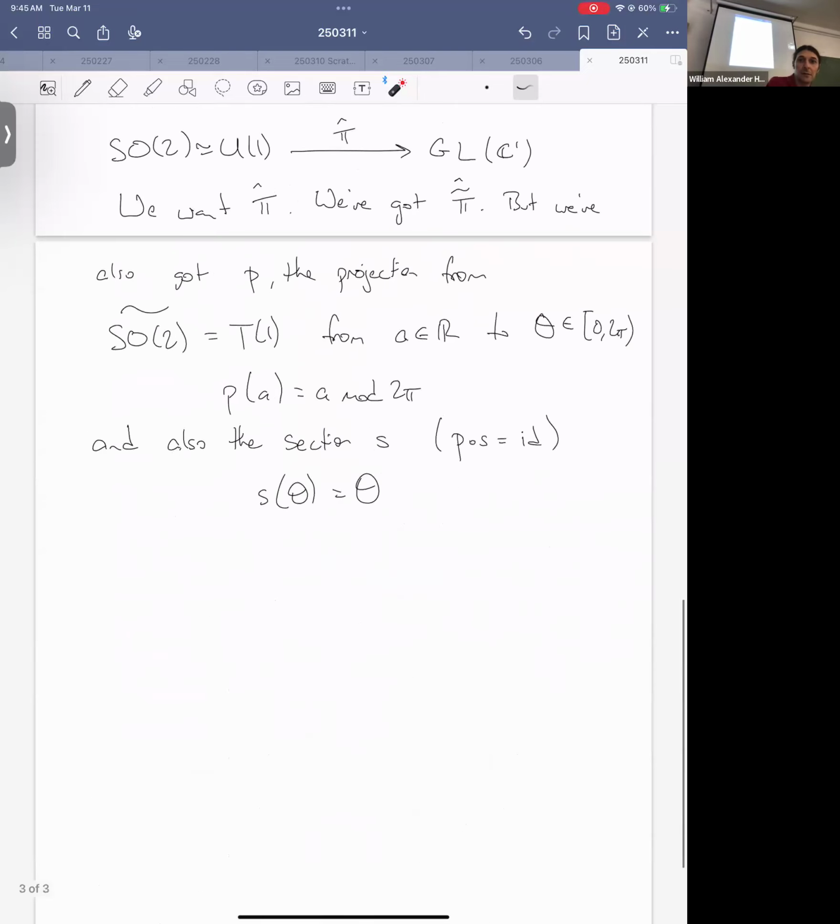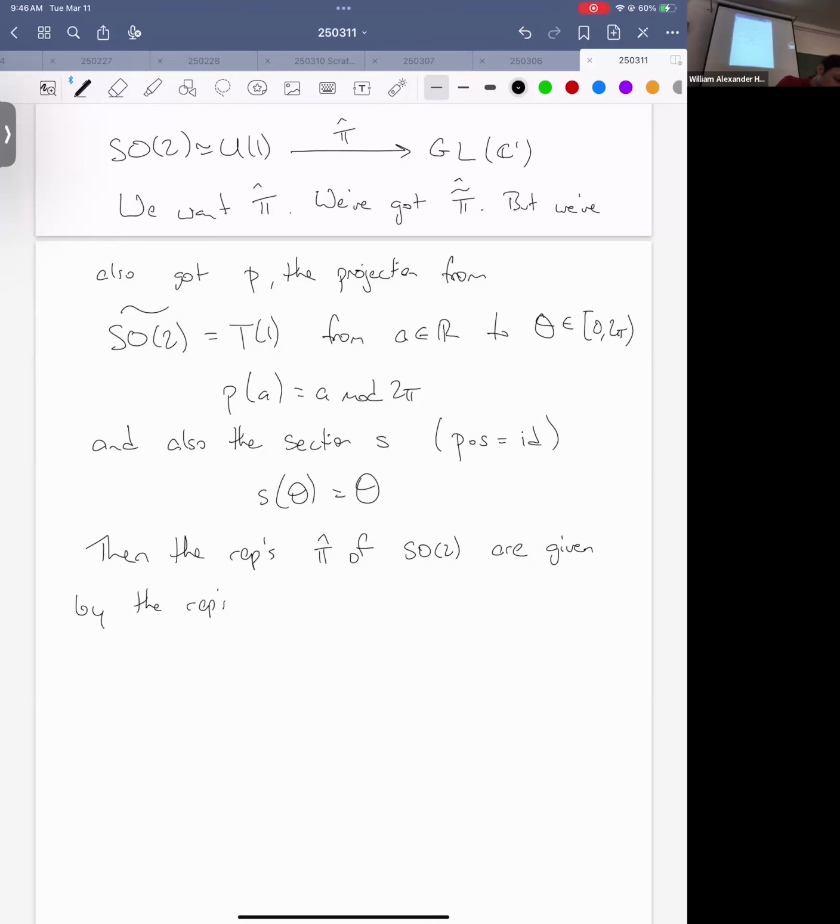So how do we do this then? So then the representations pi hat of SO2 are given by the reps pi twiddle hat of T1.